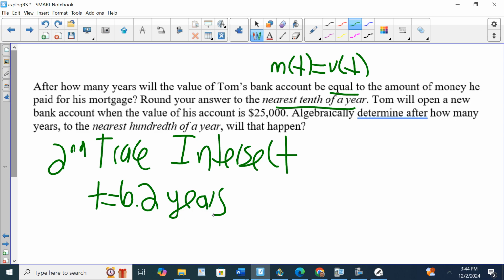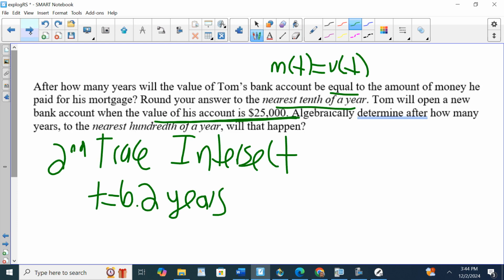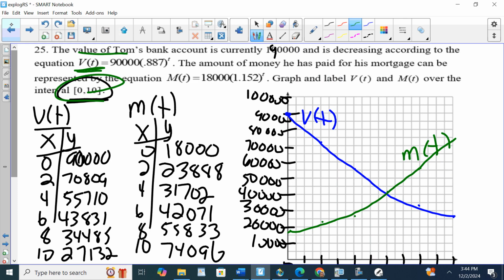Then it says Tom will open a new bank account when the value of his account is 25,000. This is the value of his account. If we look back, the value of his account is V of t. So it's telling me that V of t is equal to 25,000. So I'm going to substitute that into the V of t equation. So it's going to be 25,000 equals 90,000 times 0.887 to the t.